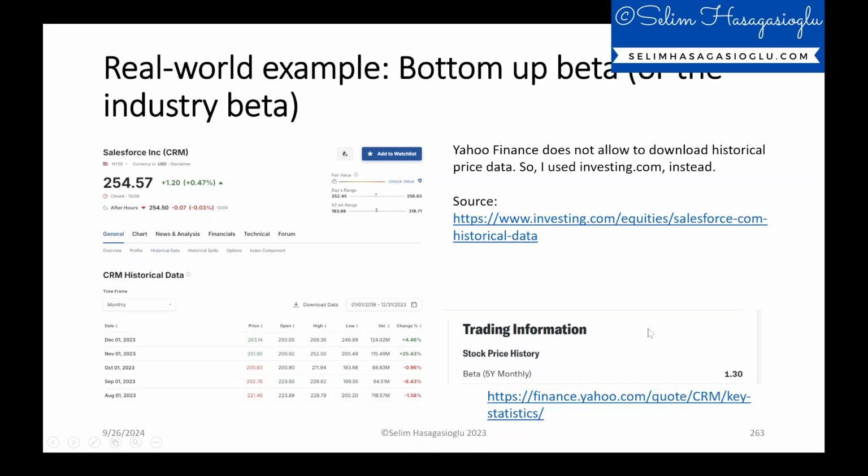And also remember on Yahoo Finance, from the statistics section, you can actually see the beta of Salesforce. This is how Yahoo Finance estimated the beta of Salesforce given the 5-year monthly convention, and they calculated it as 1.30. Let's see what I will get when I try to estimate the beta of Salesforce.